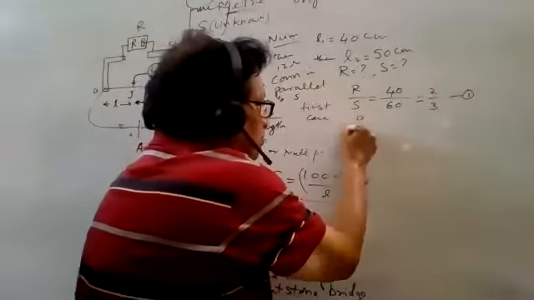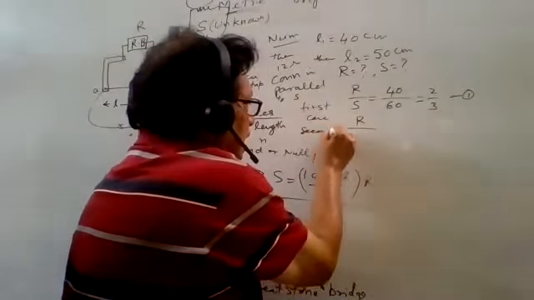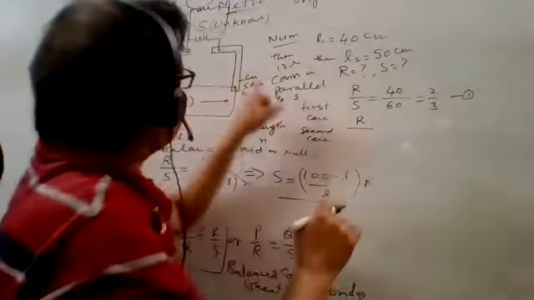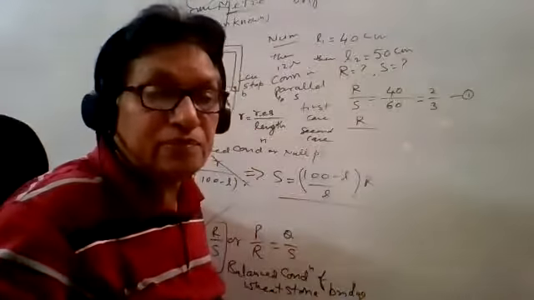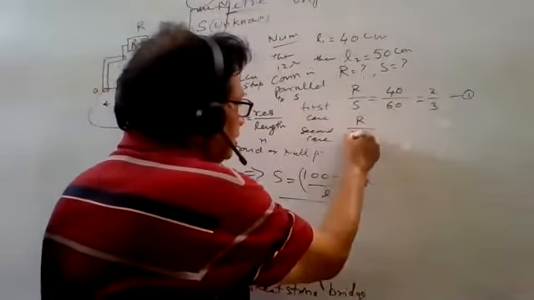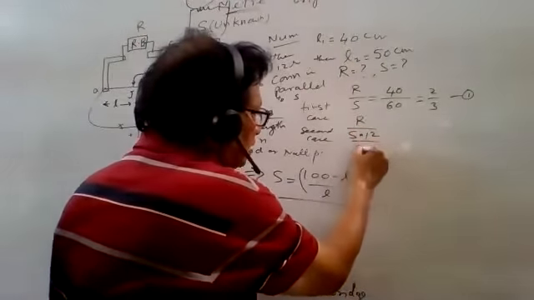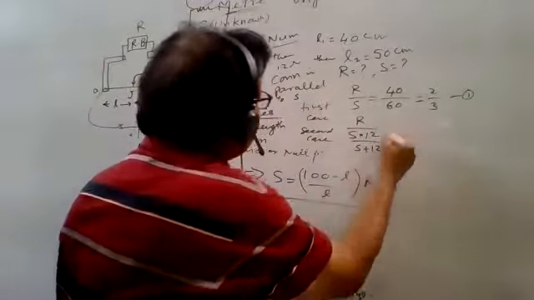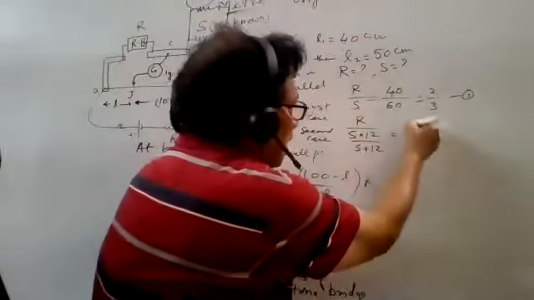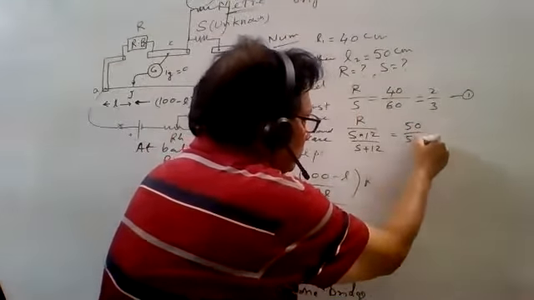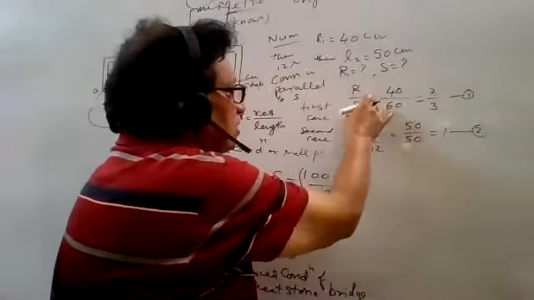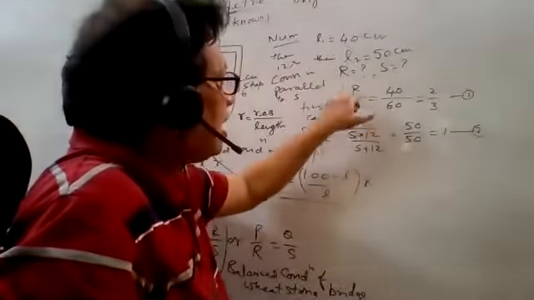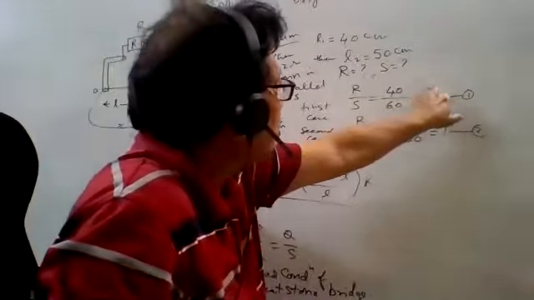Now the second case, R upon S, what is S here? S and 12 in parallel. So R1 R2 upon R1 plus R2, that is S into 12 upon S plus 12. It will give you 50 upon 100 minus 50, which is again 1. If you solve equations 1 and 2 very easily, R means here 2S by 3.